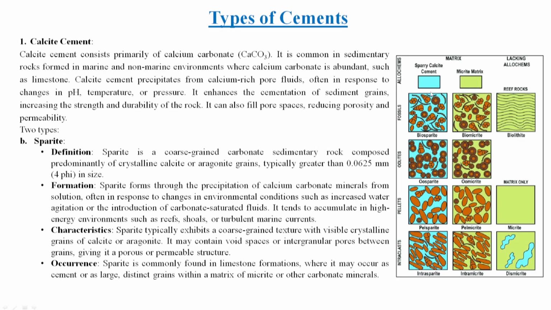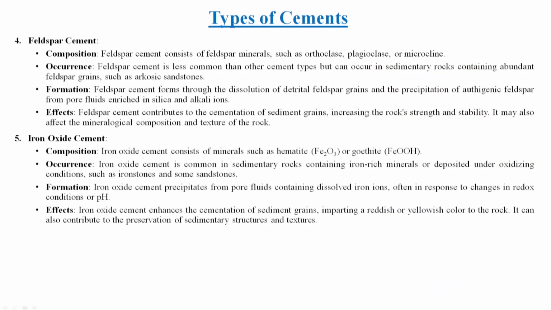Like I was mentioning, you can also have calcite cement, two types based on size, differentiated as sparite or micrite, and also feldspar cement or iron oxide cement. If it is an iron oxide cement, the probability of getting hematite or goethite as the cementing material is higher, which is again holding the rest of the rock fragments together.